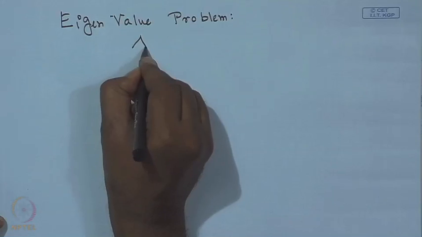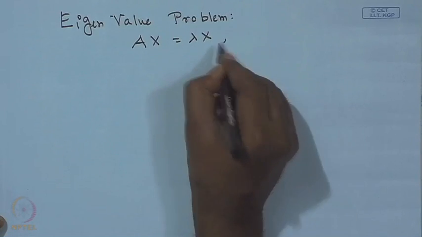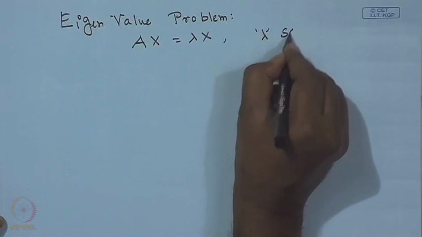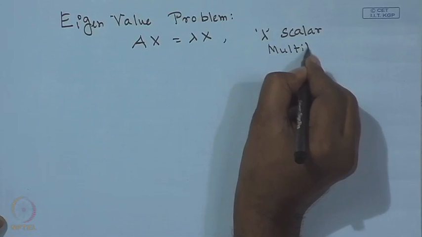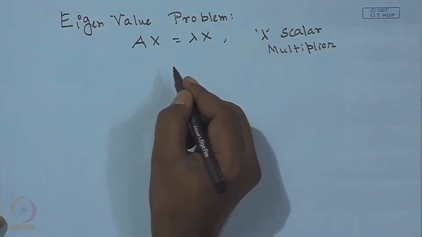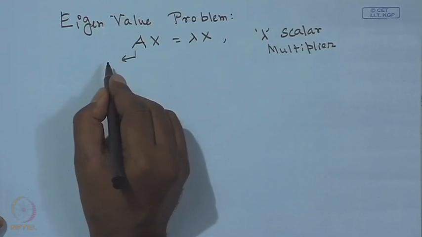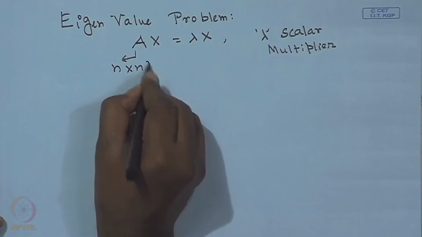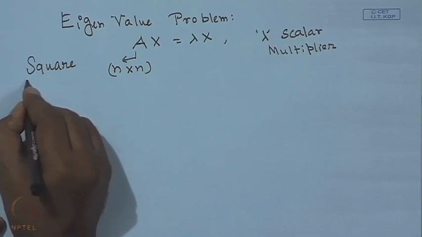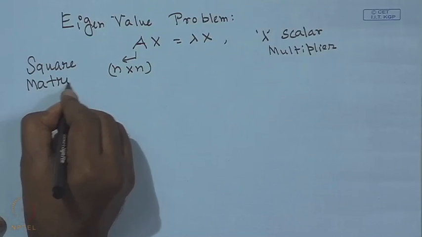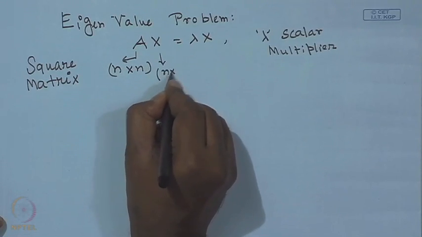If the form is A x equal to lambda x, where lambda is a scalar multiplier, that means A is a matrix of size n into n. So, we are talking about a square matrix, and x is a vector of size n into 1.